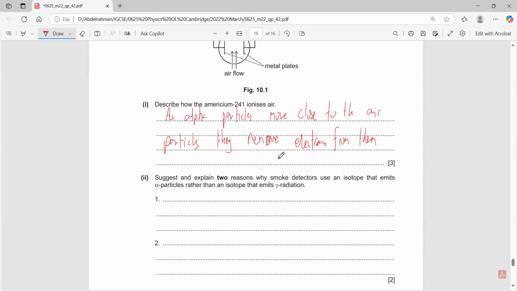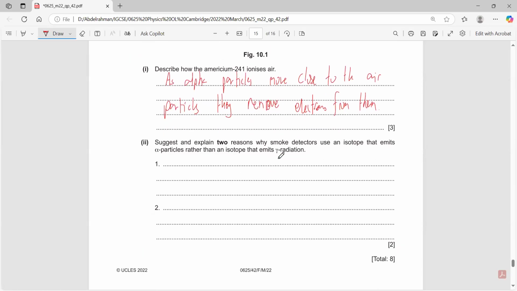Suggest and explain two reasons why the smoke detectors use an isotope that emits alpha particles rather than an isotope that emits gamma radiation. Definitely, gamma radiation is too dangerous, right? Gamma is too dangerous, so we'd say that alpha is less harmful to human beings.